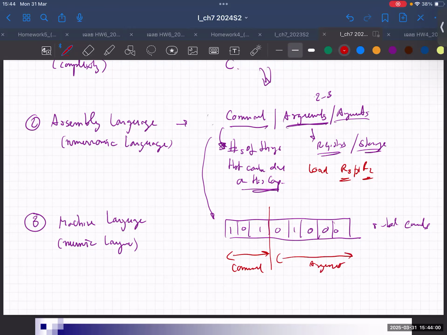Of course, the length of the command depends on, for example, the resources you have, right? And the command is, of course, the instruction. We call this the instruction, right? Command or instructions. How many do you have? For example, if you have 4 commands, how many bits do you need to identify them? 2 bits. 2 bits is enough, because now you can separate each command.